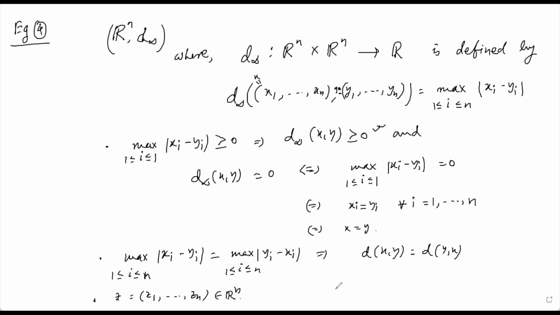Then what we know is the absolute value of xi minus yi is less or equal to the absolute value of xi minus zi plus the absolute value of zi minus yi, and this implies the absolute value of xi minus yi is less or equal to the max of the absolute value of xi minus zi plus the max of the absolute value of zi minus yi, where i lies between 1 to n.